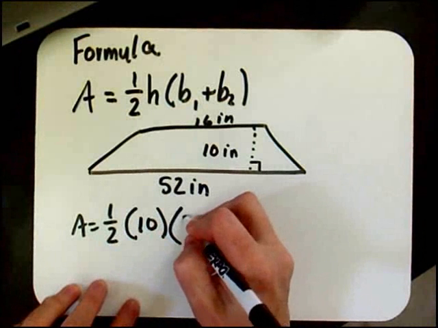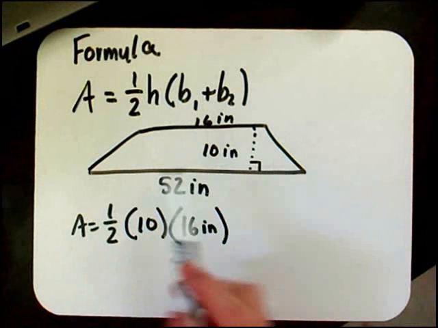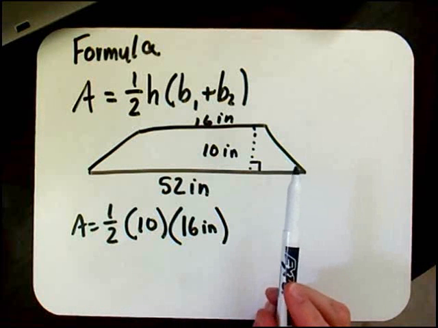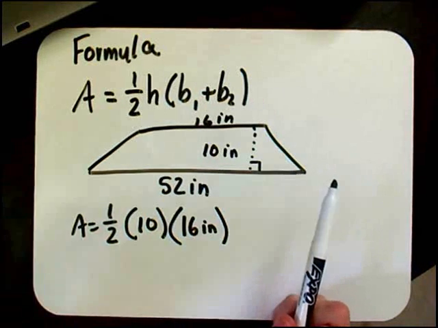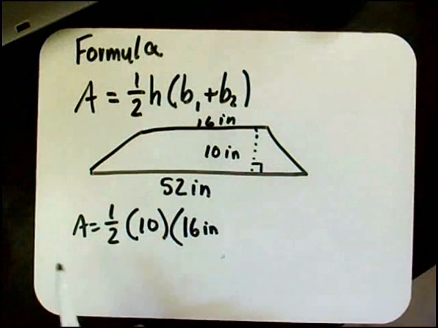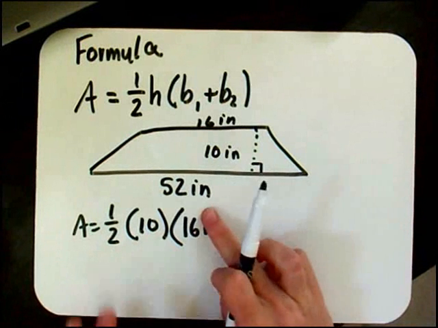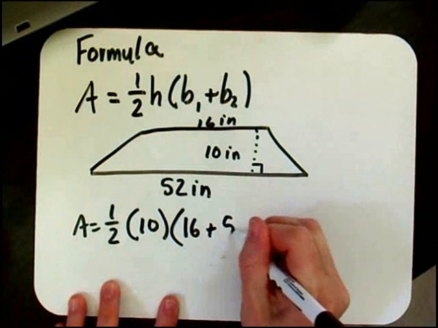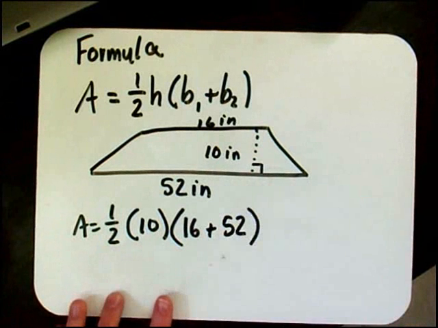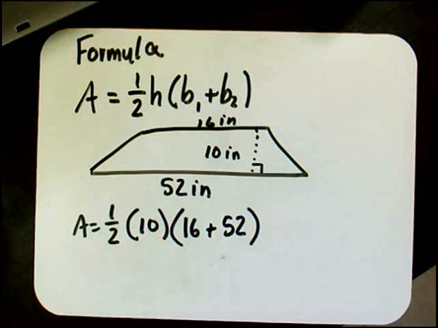So we know that is 16 inches. So base 2, B2, is the bottom. Oh, sorry, we need to add it. So let's start this again. We have A equals 1/2 open, 10, close parentheses, open parentheses, 16 plus 52, close parentheses. So we have our 1/2 times our height times our 2 horizontal sides of our trapezoid.